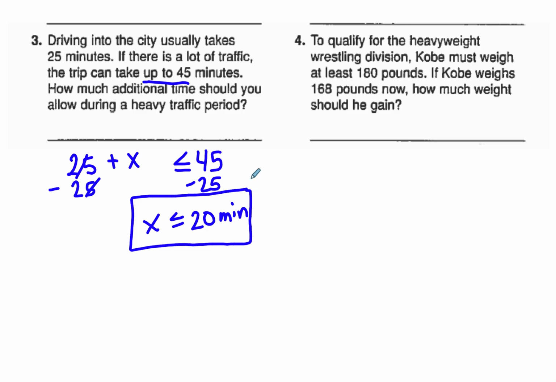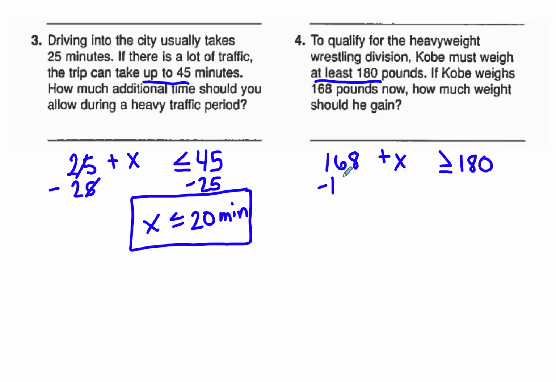All right, number 4. To qualify for the heavyweight wrestling division, Kobe must weigh at least 180 pounds. If Kobe weighs 168 pounds now, how much weight should he gain? At least means greater than or equal to. So he's 168 now. He needs extra weight. And then it's going to be greater than or equal to 180.